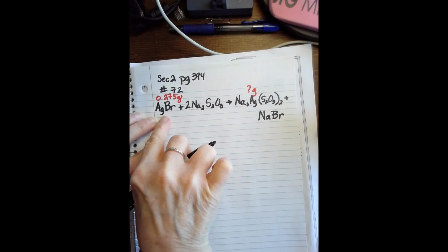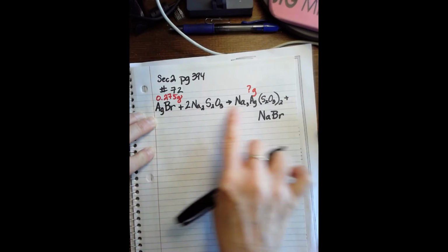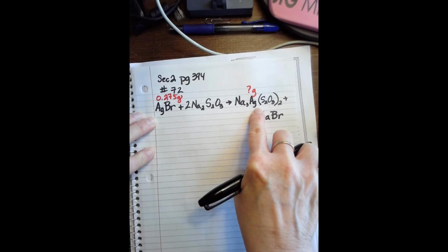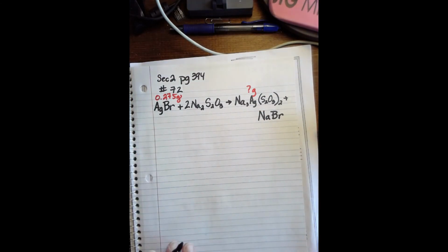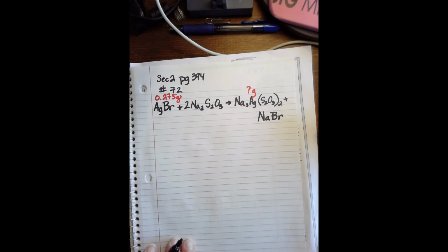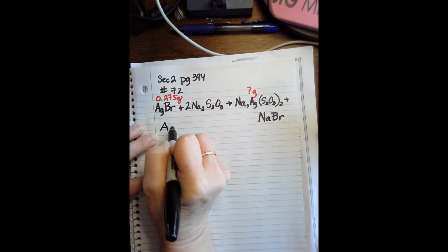Since I need the molar mass of this and I need the molar mass of this, I'm going to do that first before I solve the question, okay? So let's find the molar mass. So AgBr.